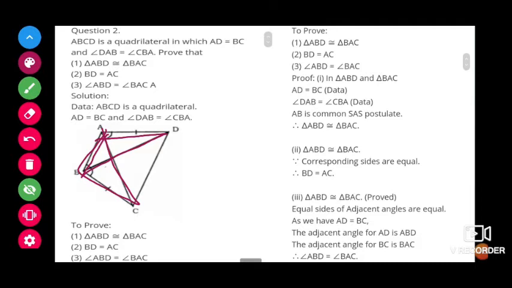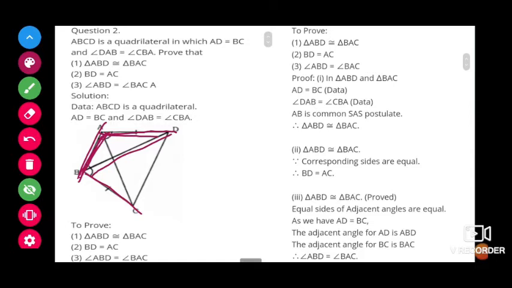If we see here, AD is equal to BC. So one side is equal. Next, AB is equal to AB. Why? Because this is the common side for both the triangles.